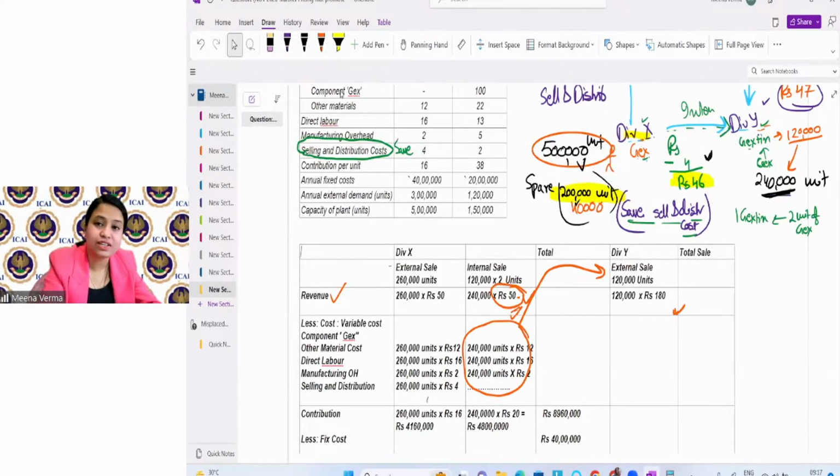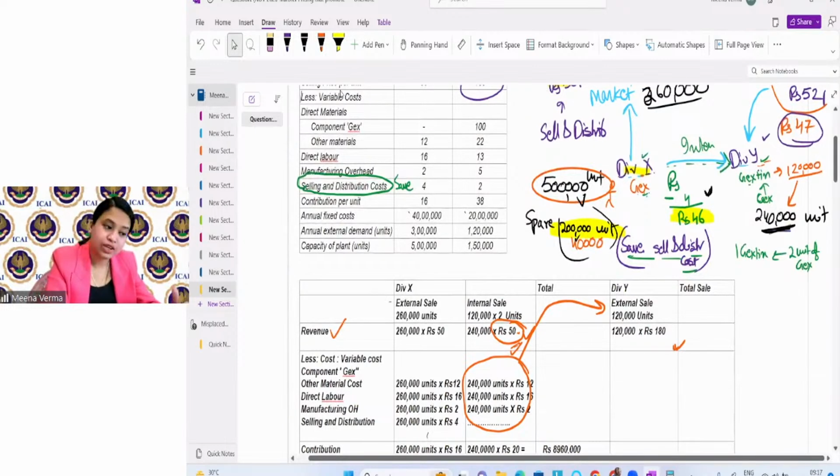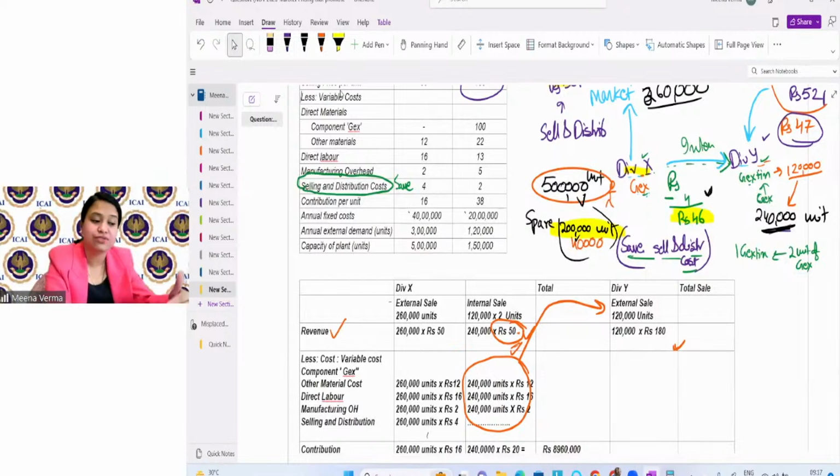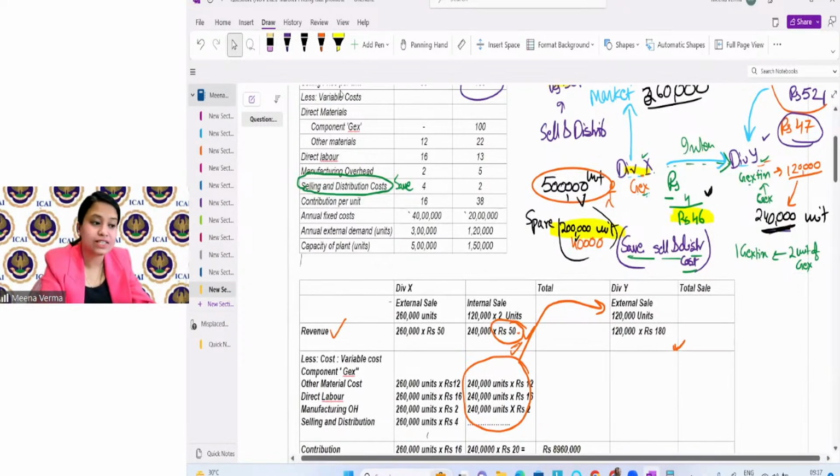Actually, in this case, you can see division X is getting more profit. When we prepare the cost sheet, you will conclude from it that division X is earning more profit, comparatively, because he is getting beyond the minimum expectation.